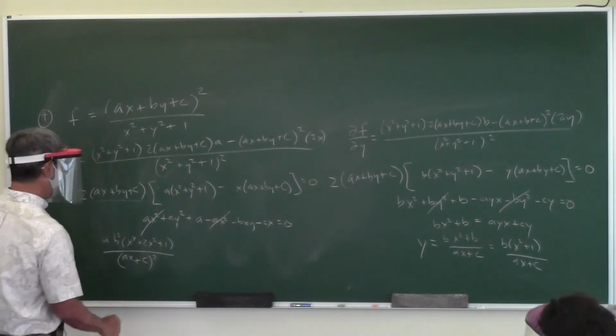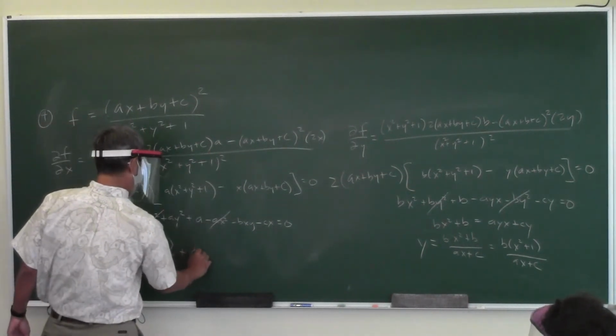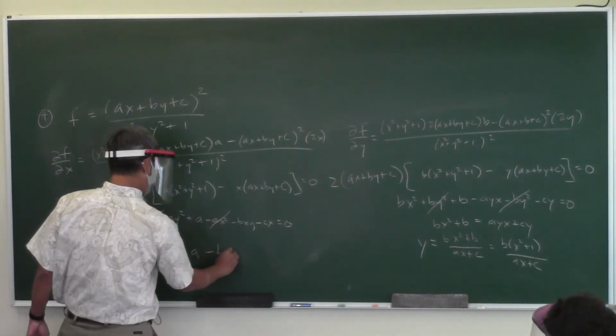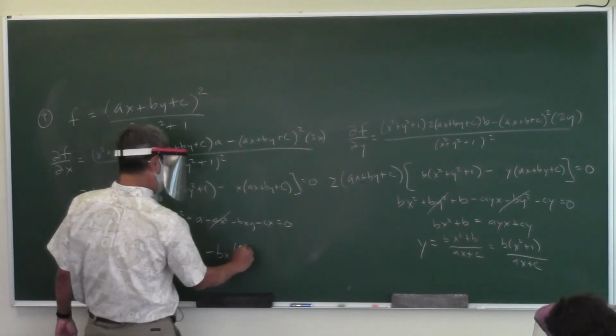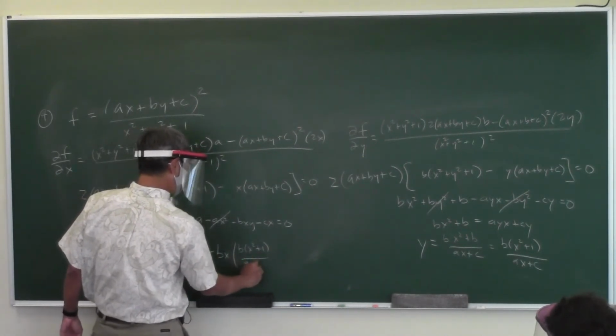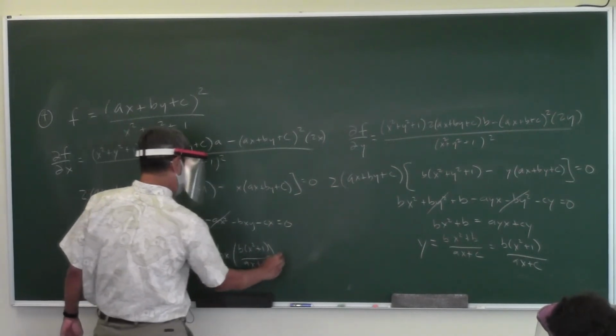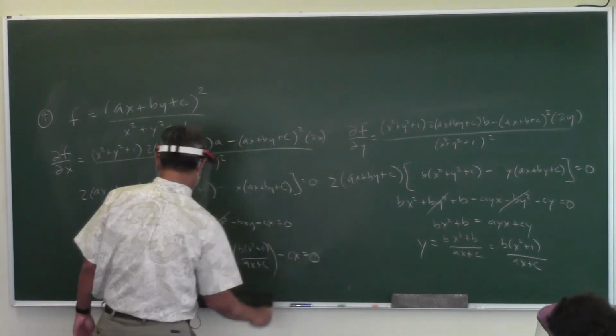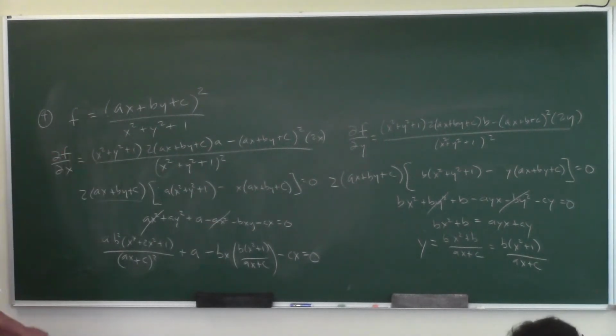Plus a minus bxy, which is b times x squared plus 1 all over ax plus c, minus cx equals 0. Factor out the bottom.